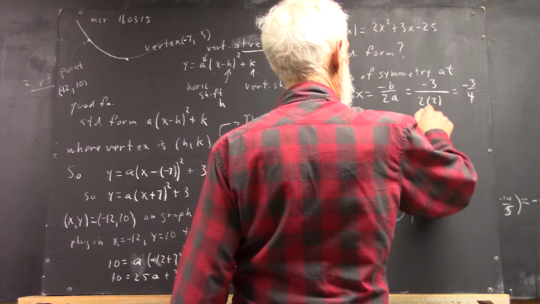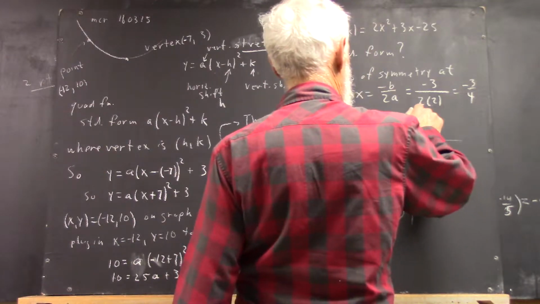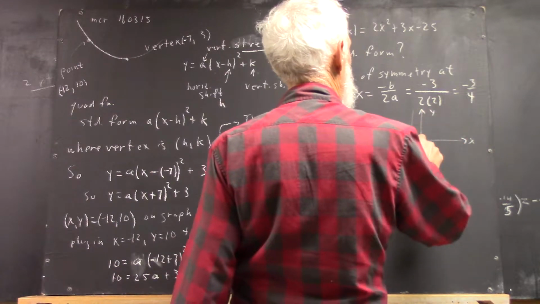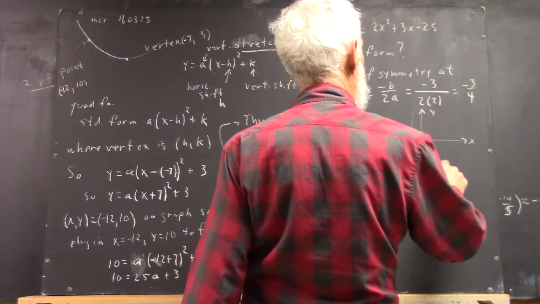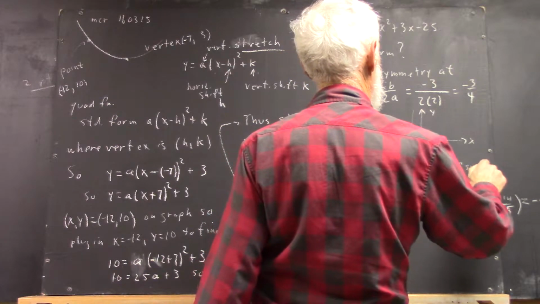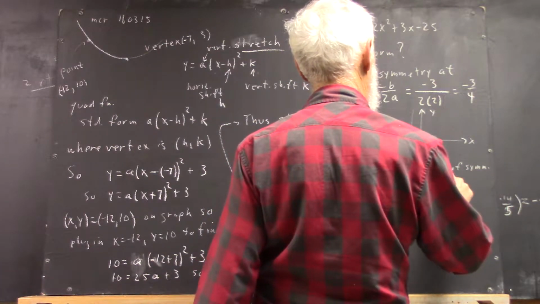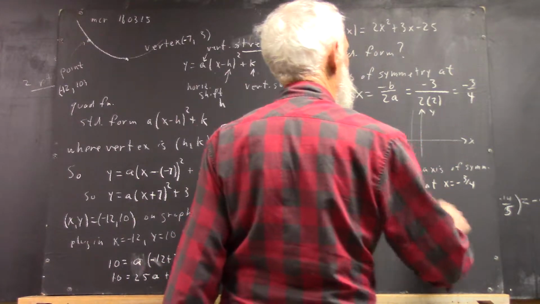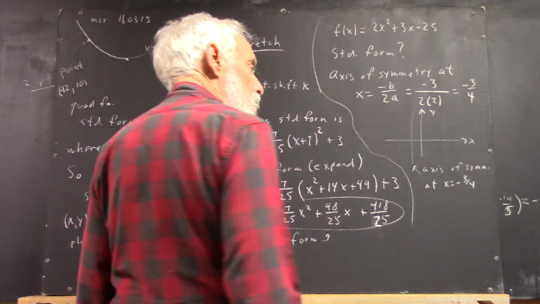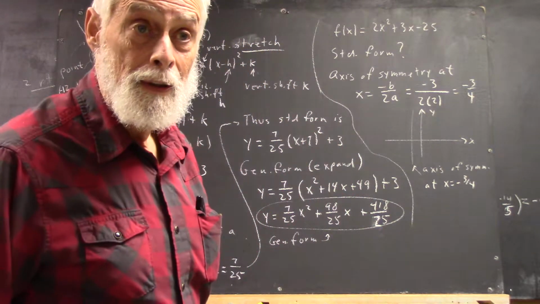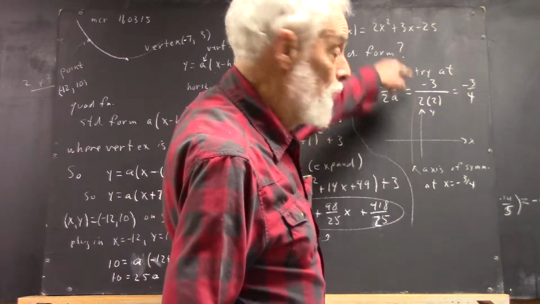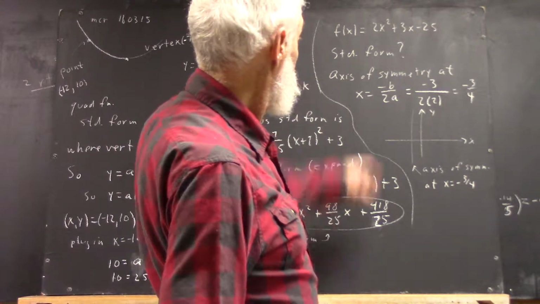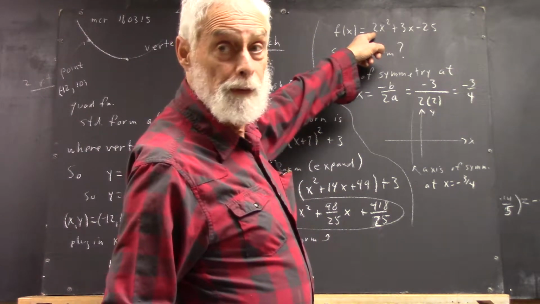So if this is the y-axis and your x-axis, the axis of symmetry is the line x equals negative 3/4, and now all you've got to do is figure out where the vertex is on this line, and the vertical stretch is 2, so you're going to be able to graph it.